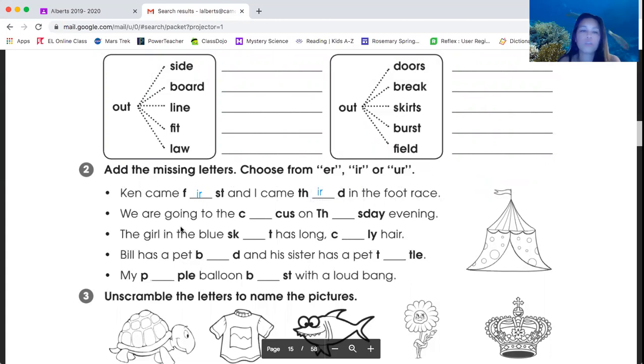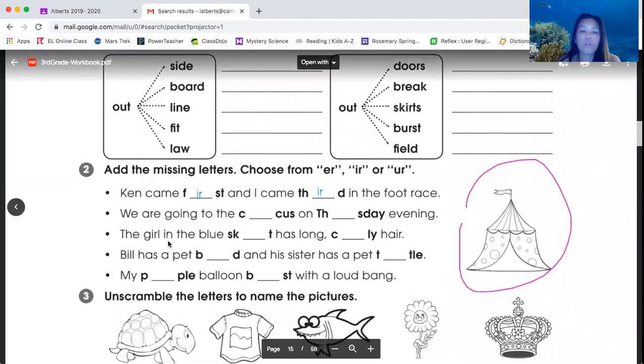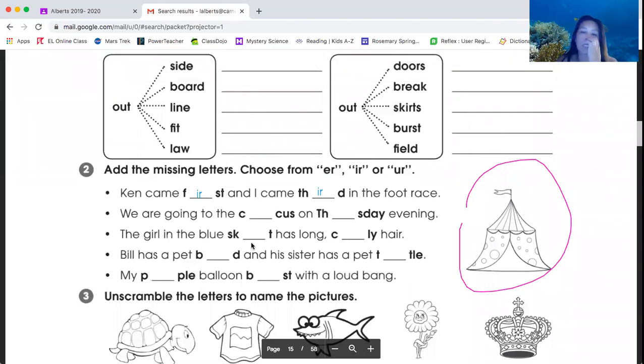Okay, and then you're going to do the same for the second bullet point. We are going to the blank on blank evening, and that one relates to the picture that you see here. The third bullet point says, the girl in the blue blank has long blank hair. Bill has a pet blank, and his sister has a pet blank.